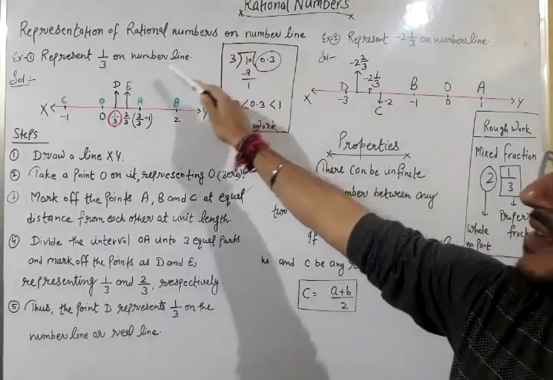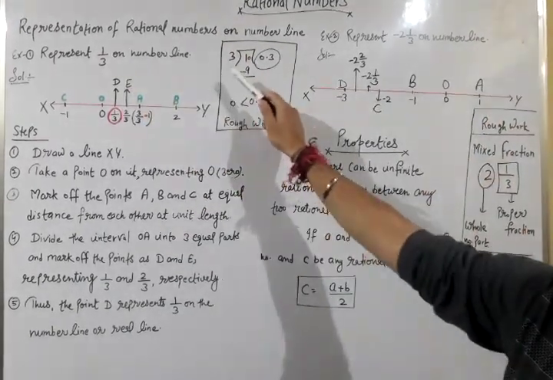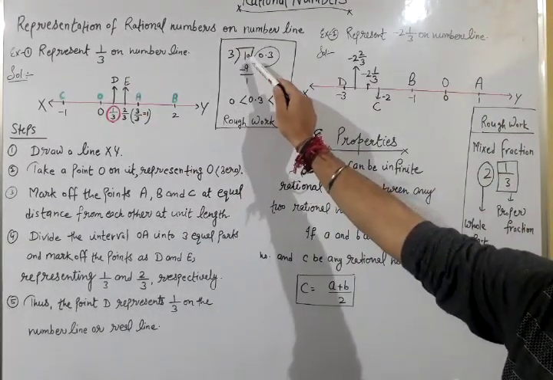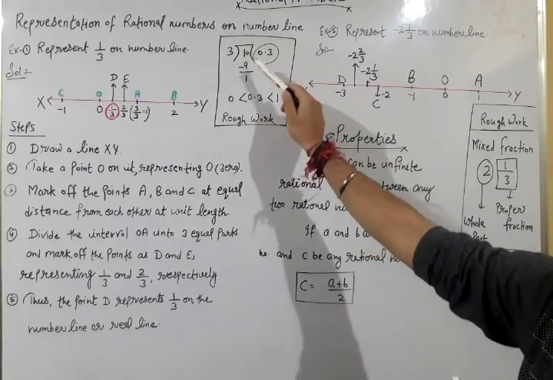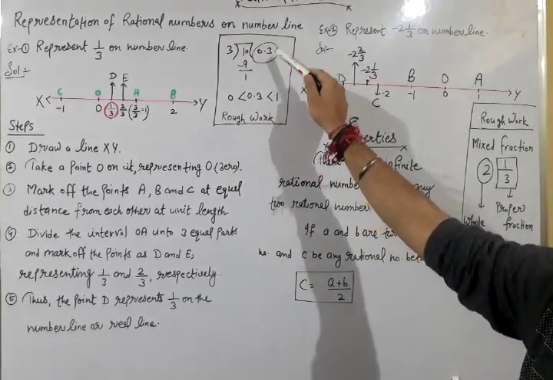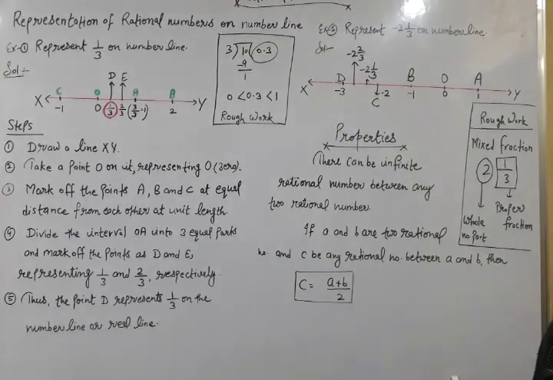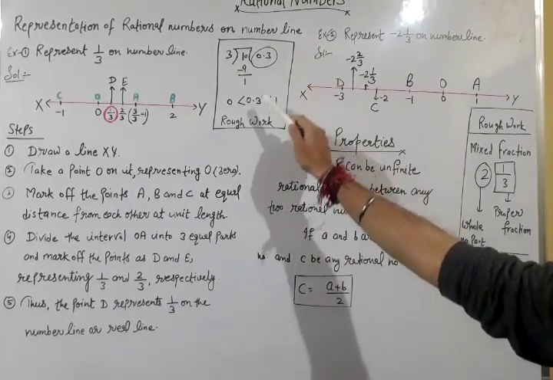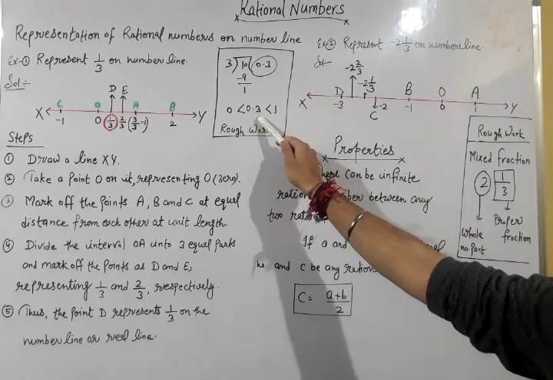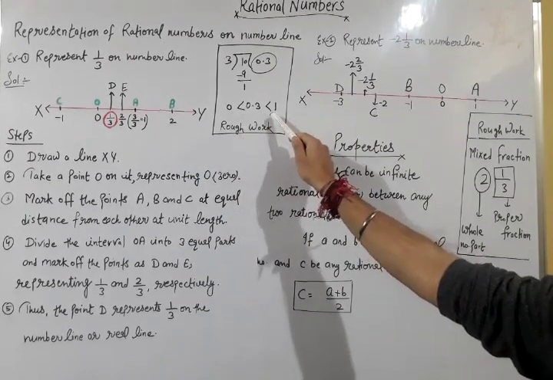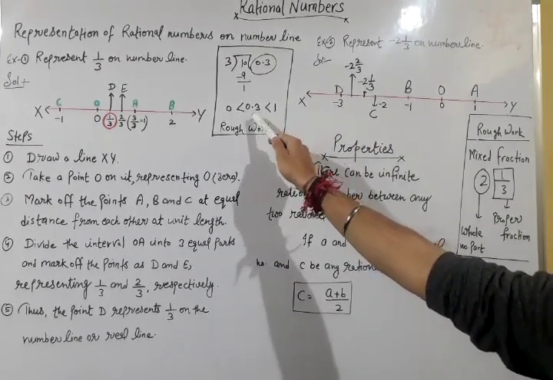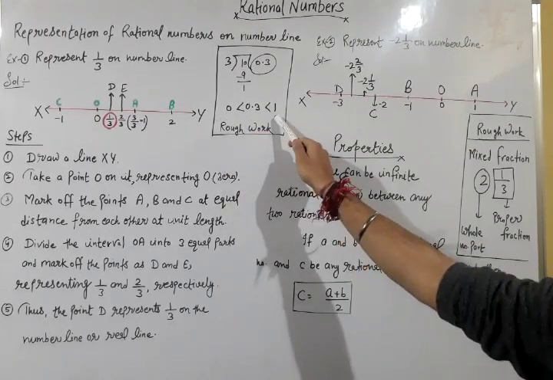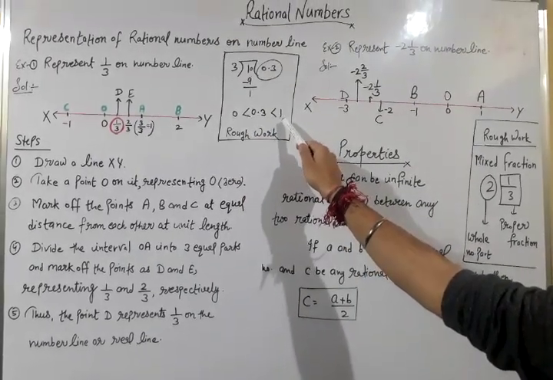We have to represent 1 by 3 on number line. So we will divide 1 by 3. After dividing it, we will get 0.3 as our quotient, and we all know that 0.3 lies between 0 and 1. 0.3 is greater than 0 and it is less than 1.